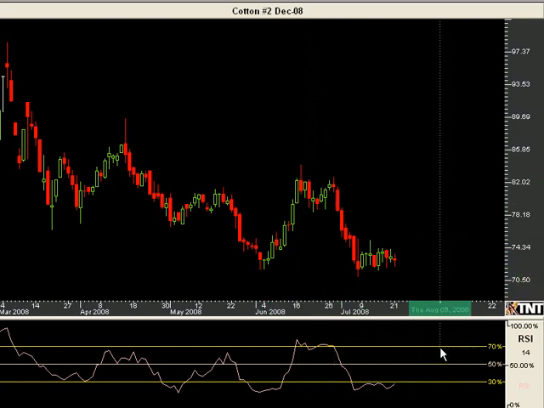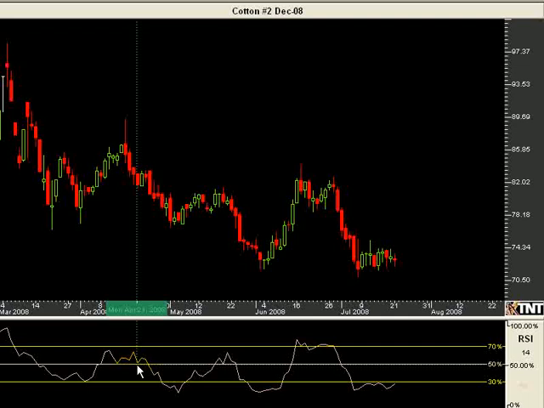The traditional settings for the overbought and oversold region for RSI are 70% and 30%. I also like to run a 50% line through the chart because that shows me where the market is neutral. You can see that sometimes RSI will bounce off of the 50% level, and it will have a tendency to act as support or resistance on its own.